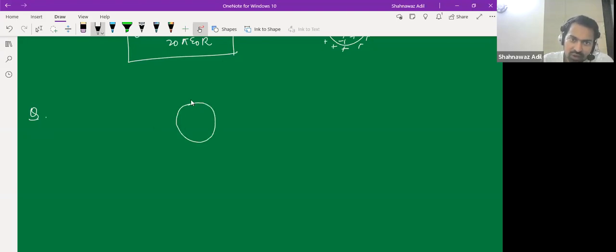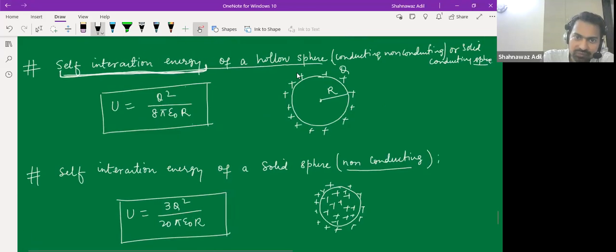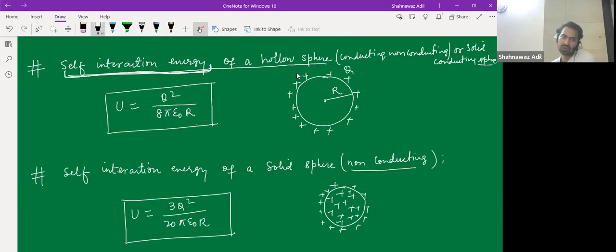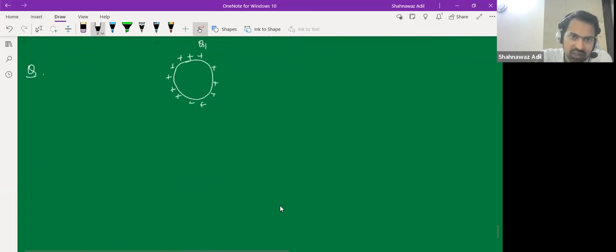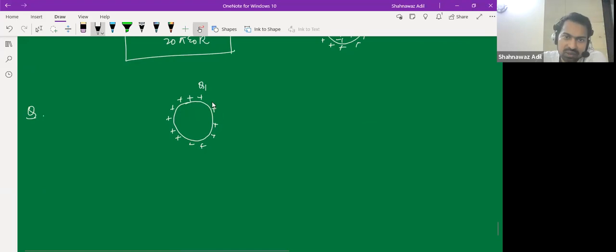One is a hollow sphere with positive charge, and its radius is r.